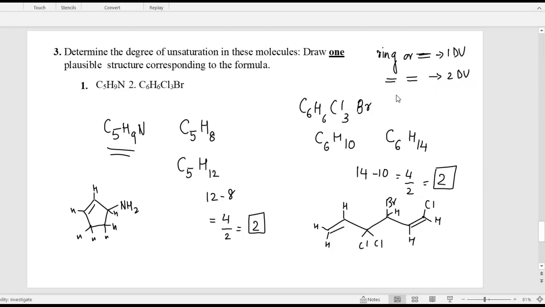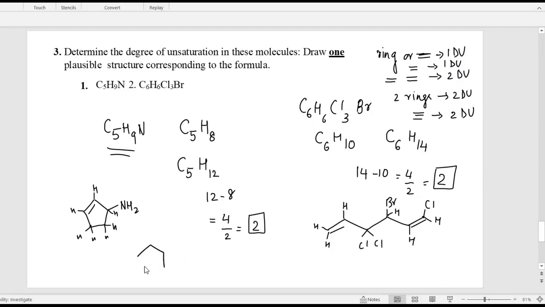If you have 2 rings, that also corresponds to 2 degrees of unsaturation. A triple bond corresponds to 2 degrees of unsaturation. Just 1 double bond corresponds to 1 degree of unsaturation. So that's how you have to find out how many degrees of unsaturation there are.